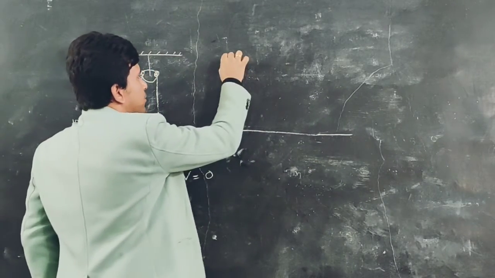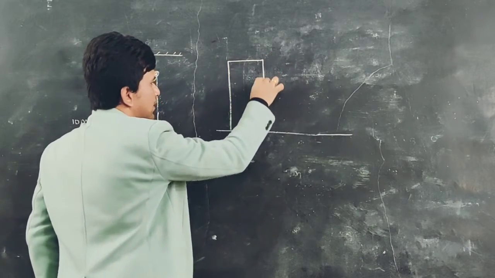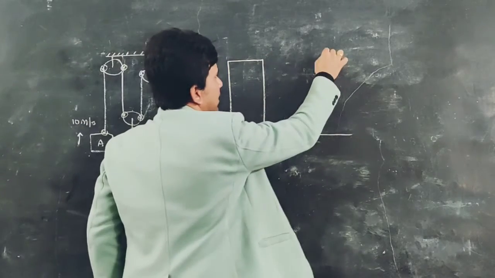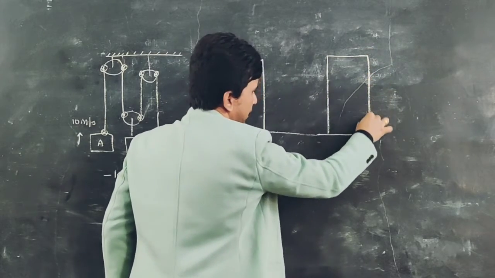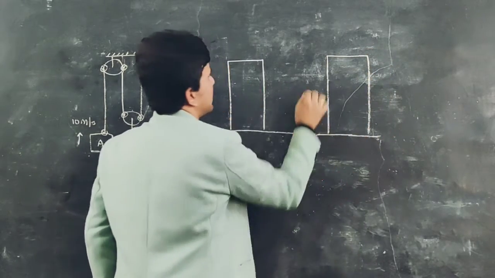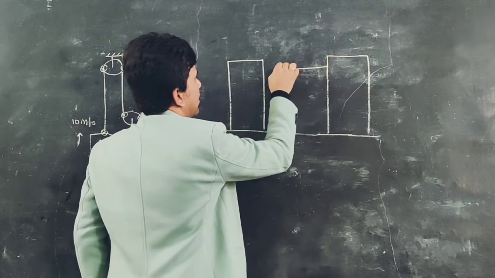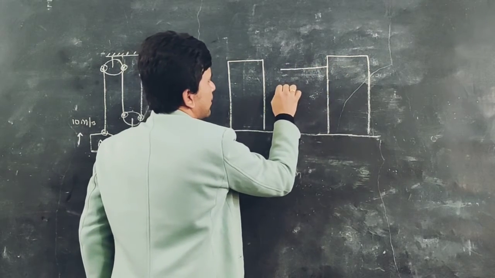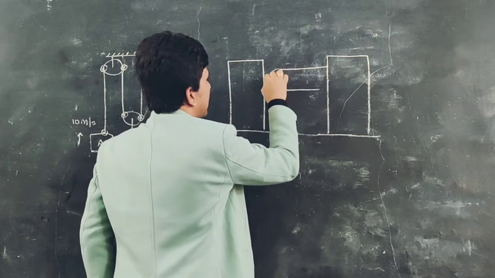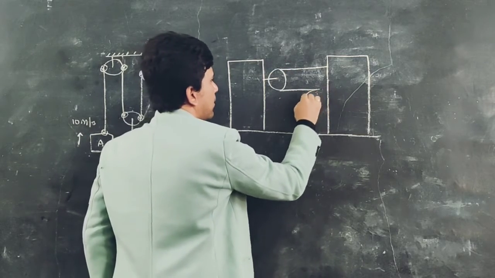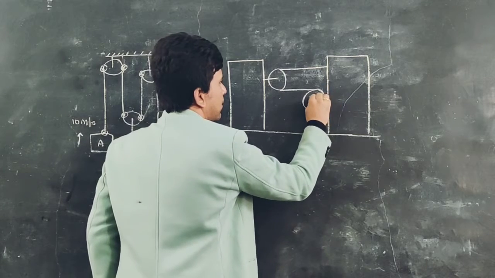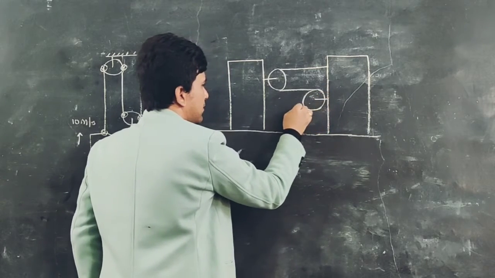One more kind of question. Now listen carefully. There are two pulleys and two blocks tied with a pulley with this kind of an arrangement, let's say. Like this.